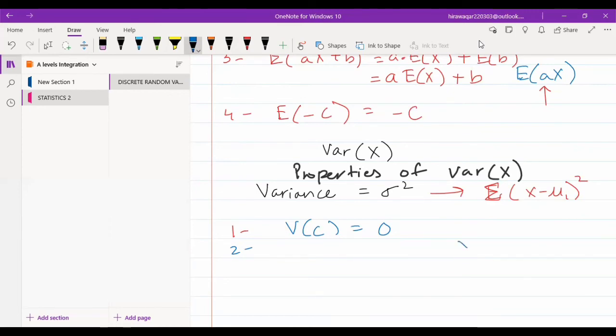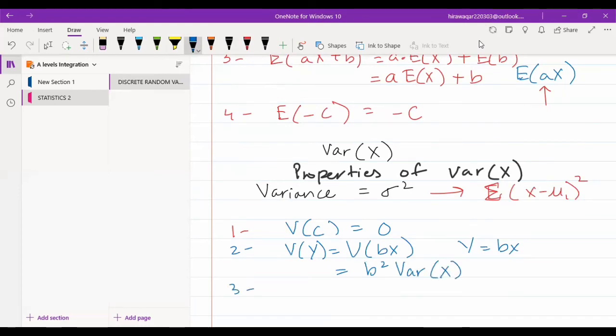If your function y is equal to bx, and you are going to find the variance of y, it means we are going to find the variance of bx. In the question, b is a constant, so b will come out of the variance, but it will be squared: b square variance of x.